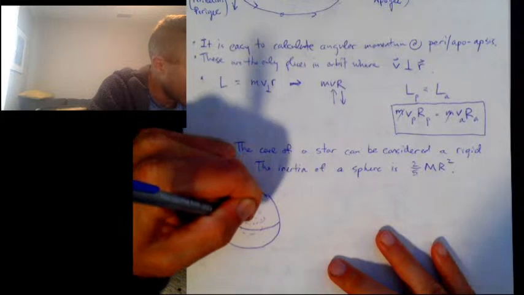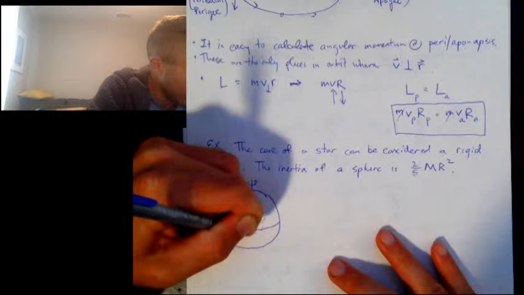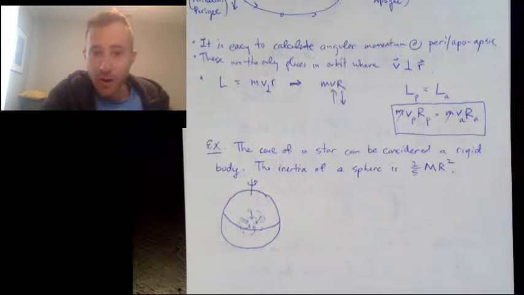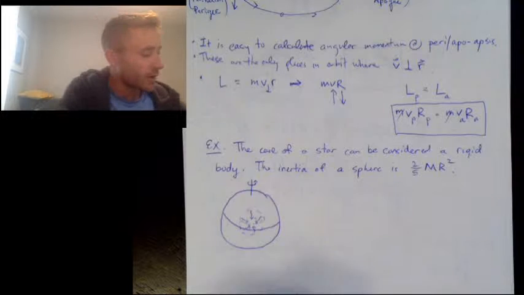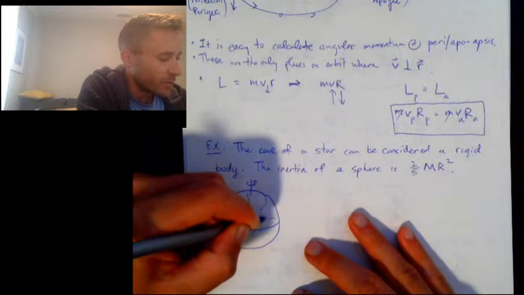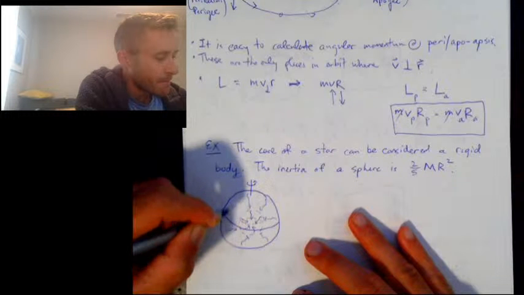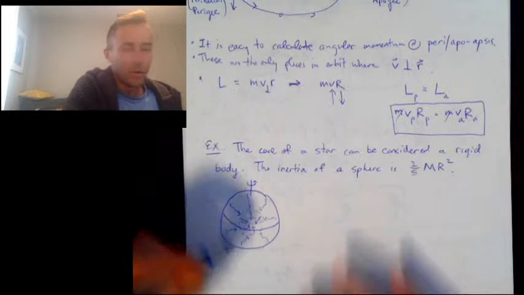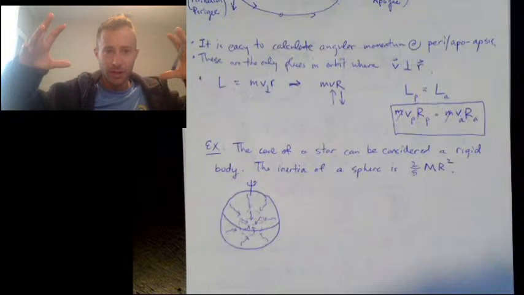So the core falls in onto itself, and the entire star falls in because the core falls in. But the core can only be compressed so much.